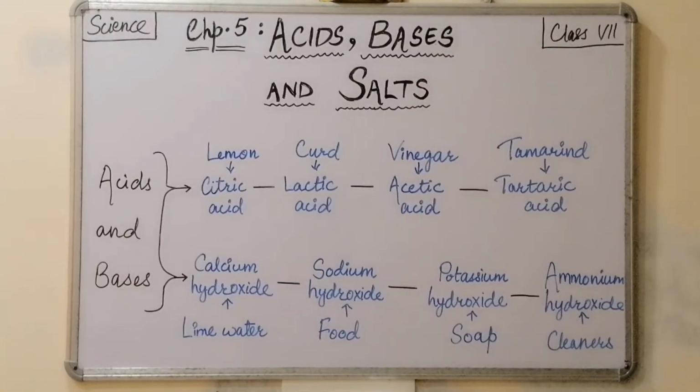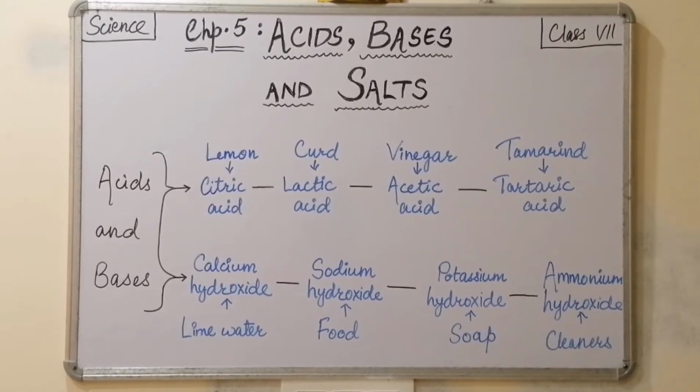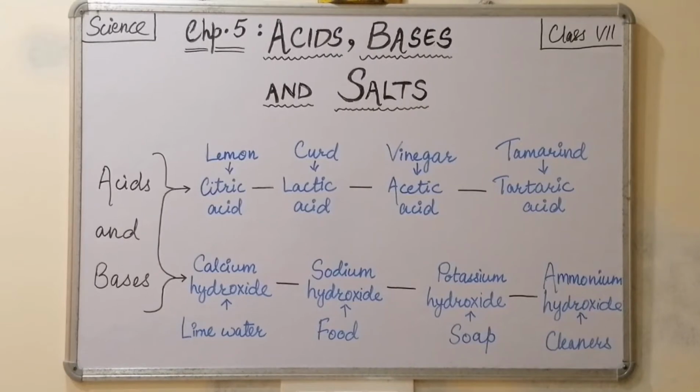Here we can see some examples of acids and bases present in the substances used in our daily life. For example, lemons contain the acid known as citric acid. Curd has lactic acid, vinegar has acetic acid, and tamarind has tartaric acid.